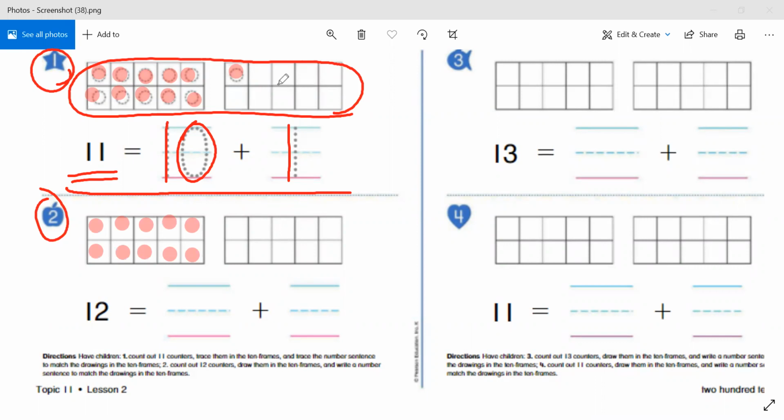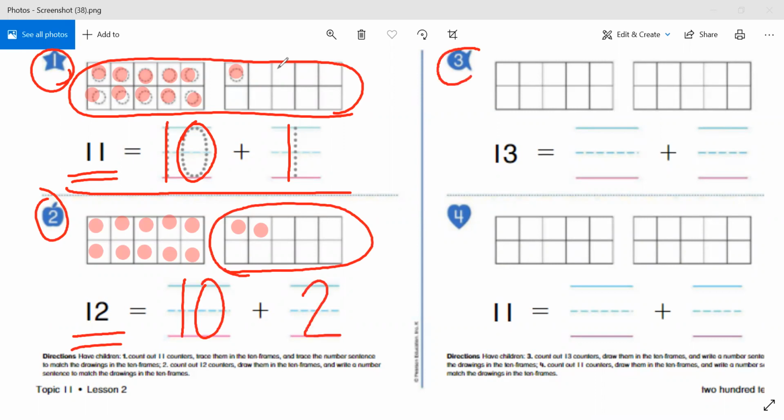We know that there are how many? 10. So from 10, we count on 10, 11, 12. 12 equals 10 plus, how many do we have here? 2.